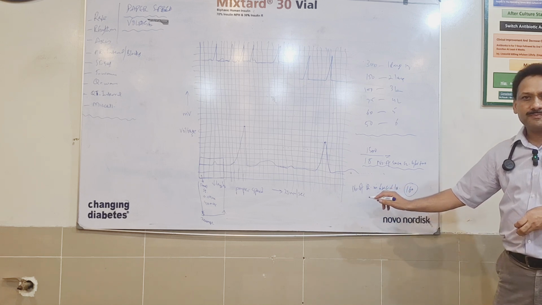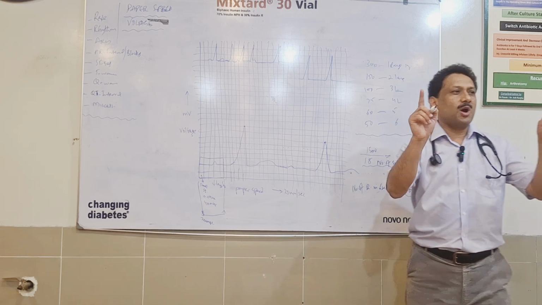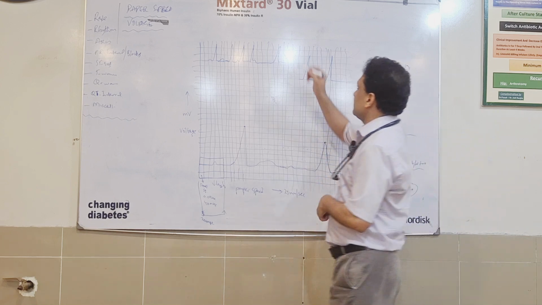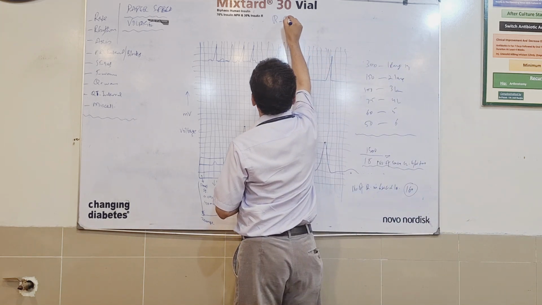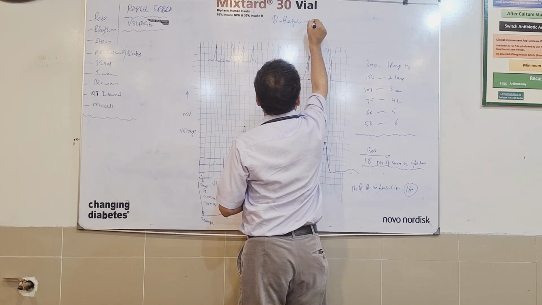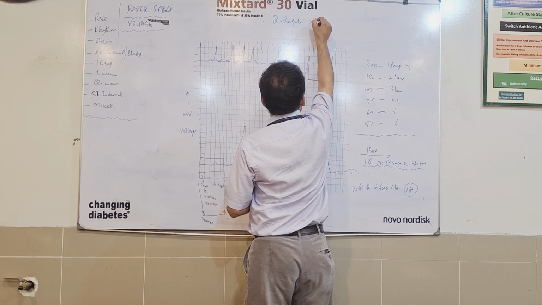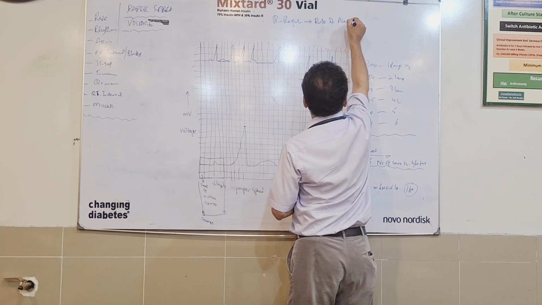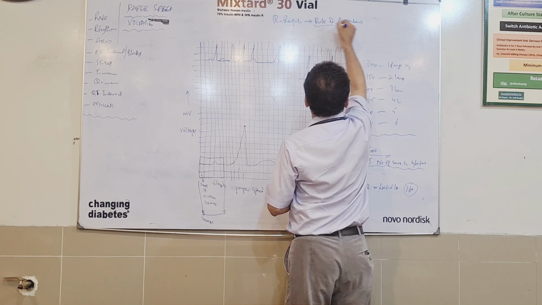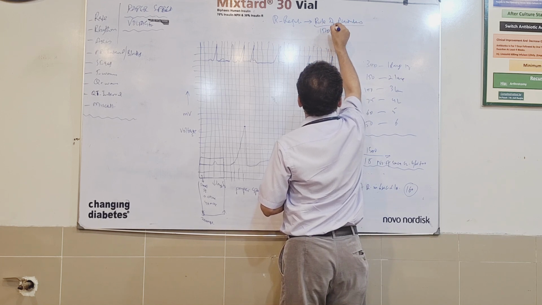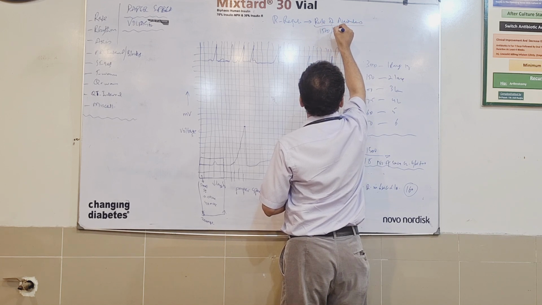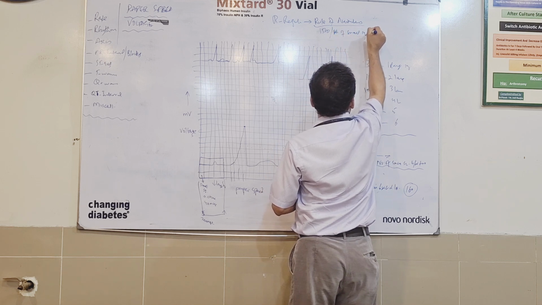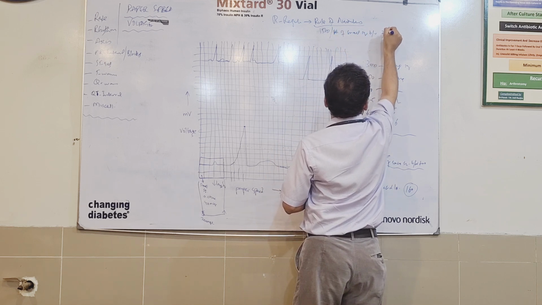So whenever you want to calculate the rate, there are two situations. One is regular RR. You will calculate it with the rule of numbers, one principle, and the second is 1500 divided by the number of small squares between two R's.